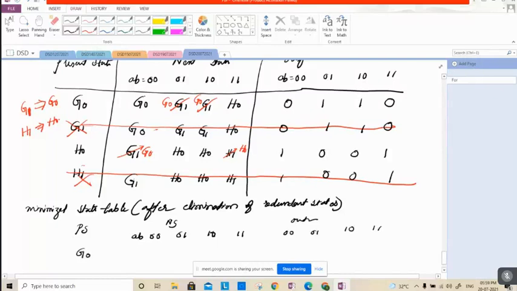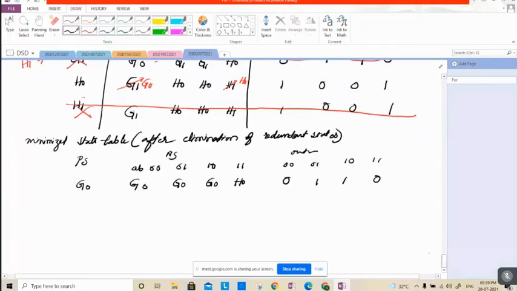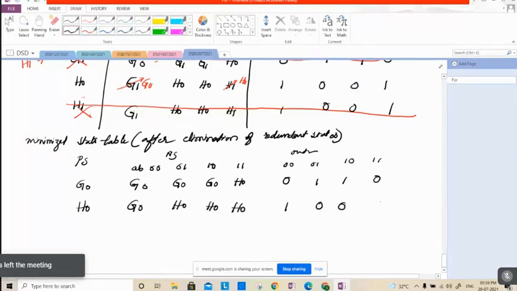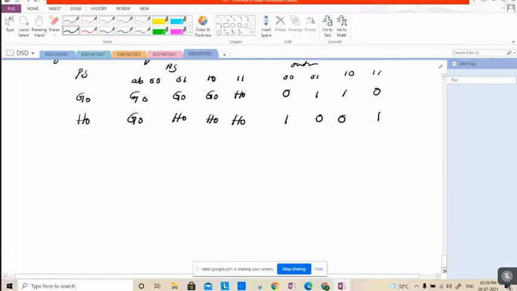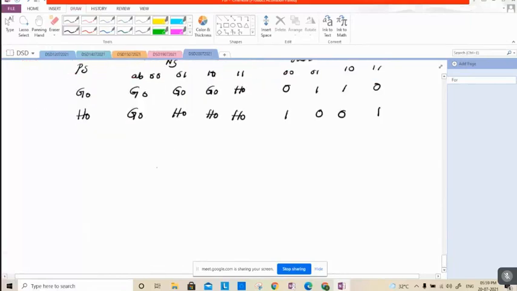Right. This is G0: next states G0, G0, G0, and H0. Outputs 0, 1, 1, and 0. H0: next states H0, G0, H0, H0. Outputs 1, 0, 0, 1. Let me draw the state diagram for this. G0 and H0.